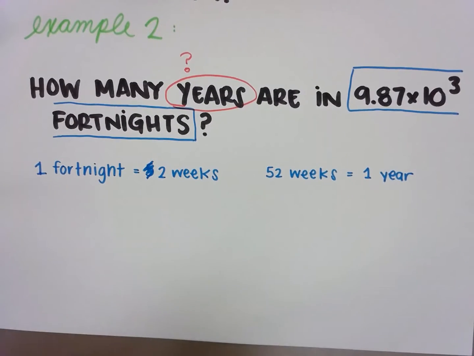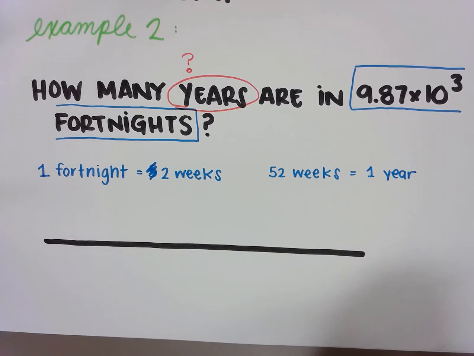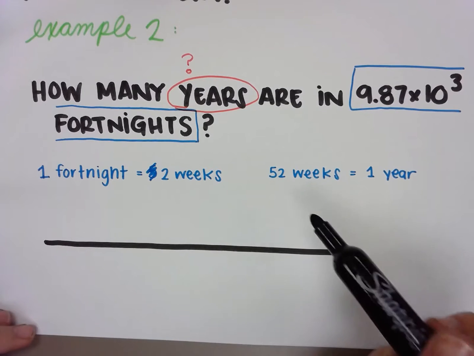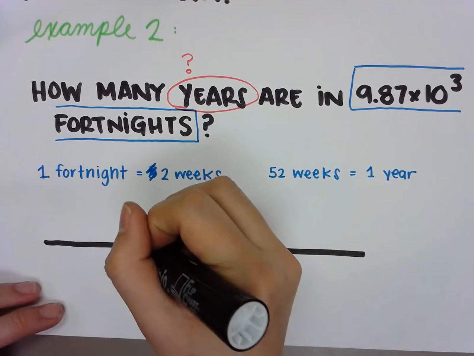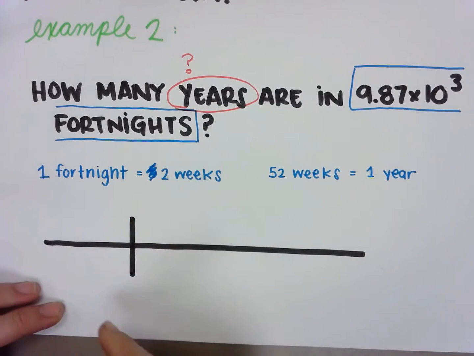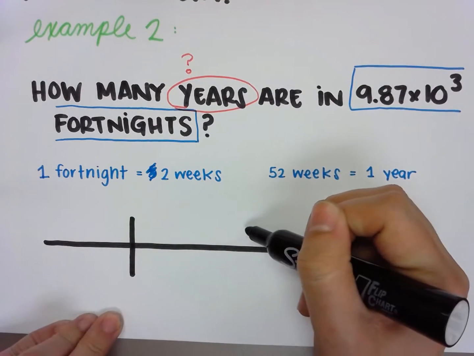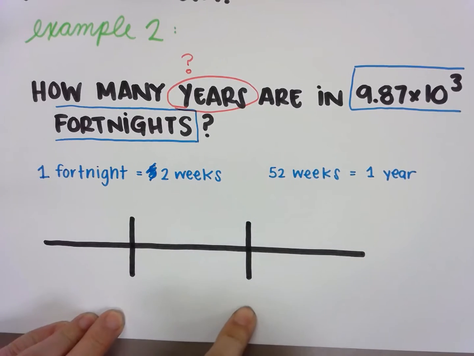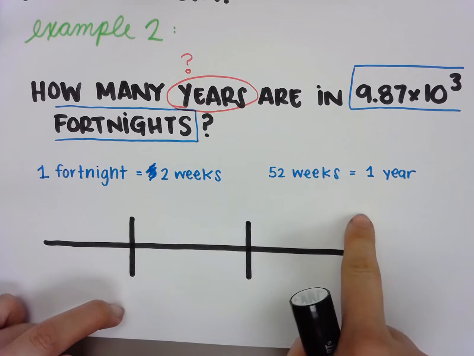So here we go. We're going to set this up. We're going to draw a horizontal line, which will represent the fraction, so we have numerator and denominator. Then we add one multiply sign, and another line and another multiply sign, because I know that I'm going to be using both of these conversion factors.